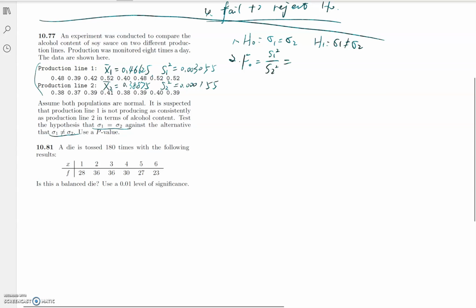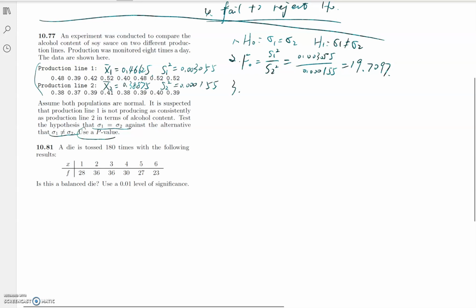So we just put the numbers in: 0.003055 divided by 0.000155 equals 19.7097.